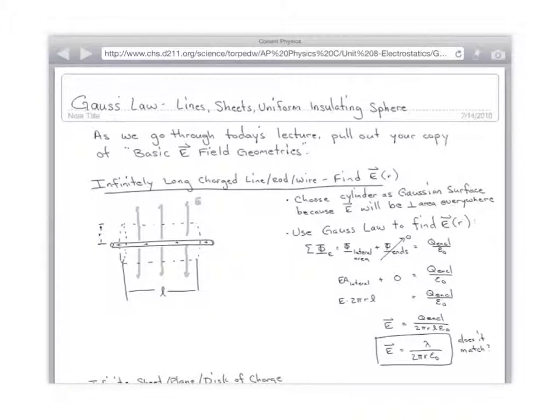You ready? The trick is always trying to get your Gaussian surface drawn properly. Remember when I said there's this certain thing about symmetry that you have to deal with? Like, what is the symmetrical shape, like a sphere?